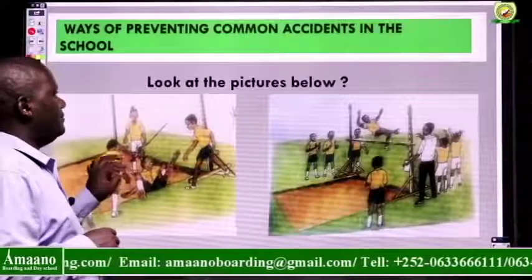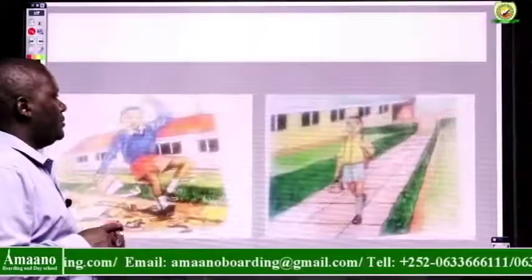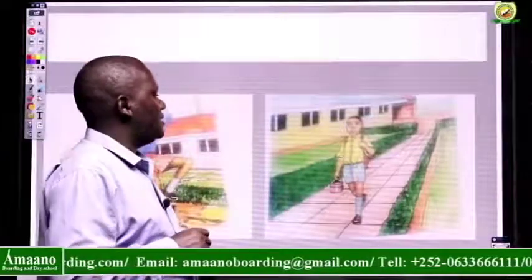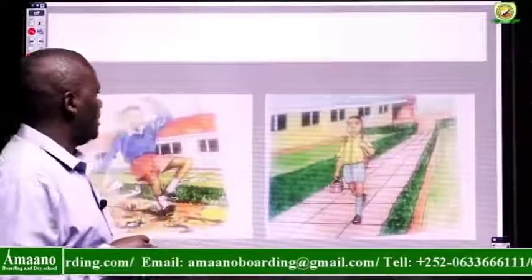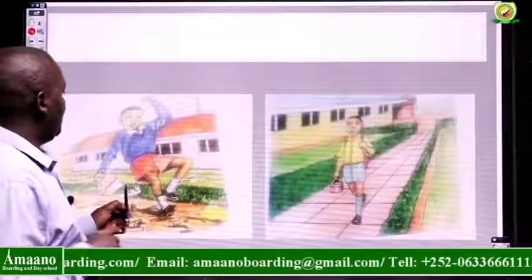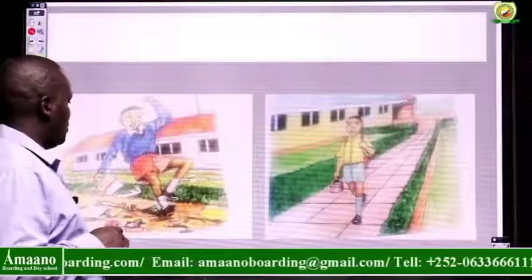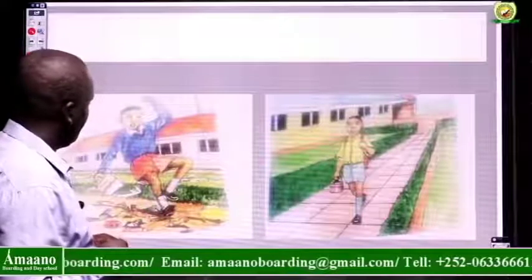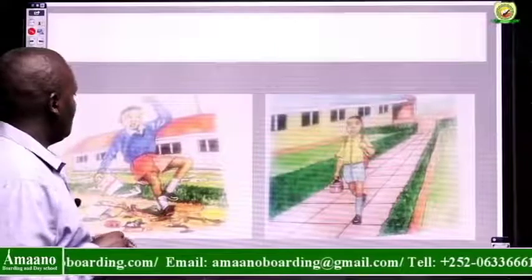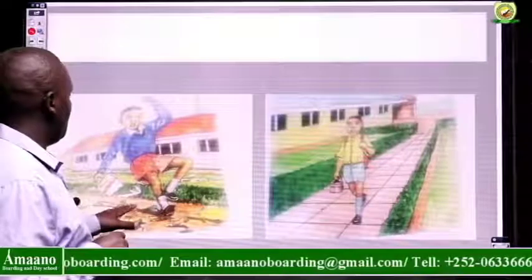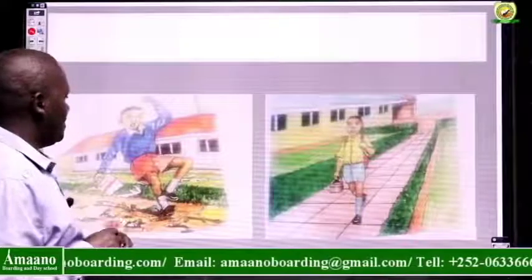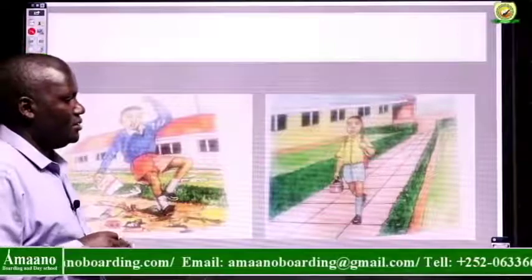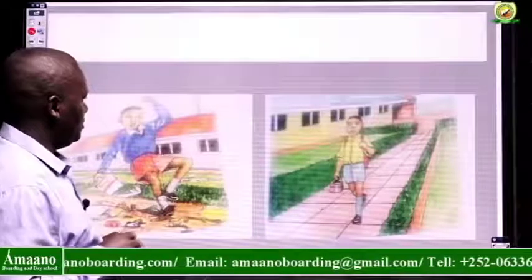This is a school environment, because we can see the boys, they are in uniform. The second picture, we have one boy who is walking on a pavement. That's very clear. This other picture, we see a boy who is about to fall down, and there are some dirty materials on that floor. It means he was about to fall down because of this place that had so many things there on the floor.